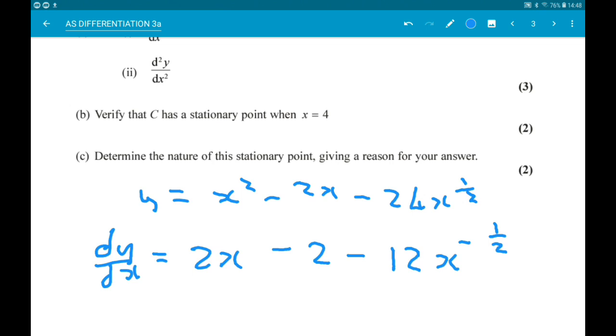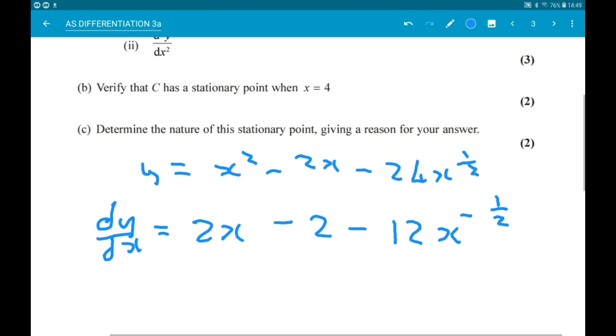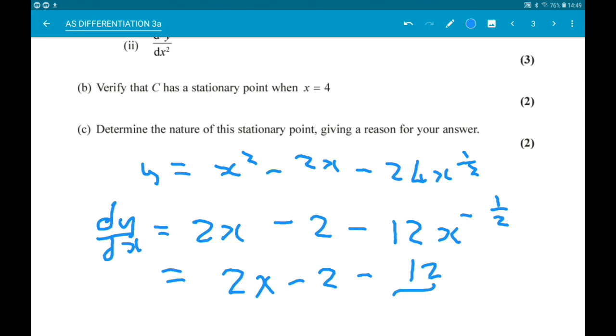Okay, now we could write that as 2x minus 2 minus 12 over root x.